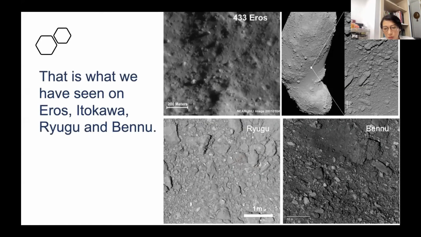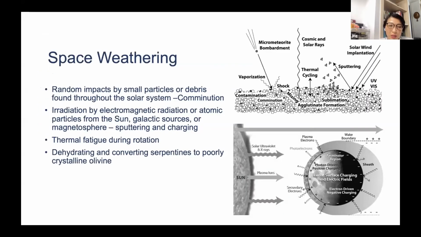To understand how the boulders and the fines formed, we should look at the environment, or the space weathering processes, on the surface of a planetary body. The first important process is called comminution. It's random impact by small particles or debris found throughout the solar system. It can smash big rocks into small pieces.